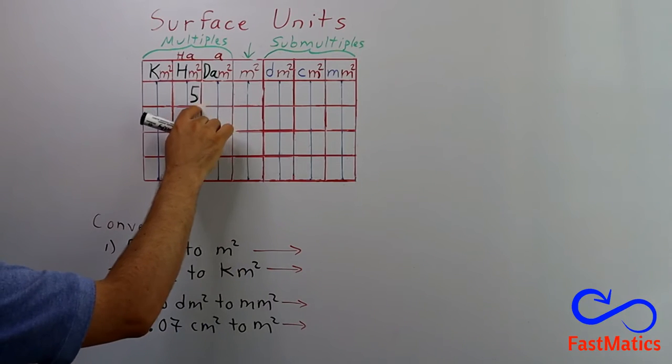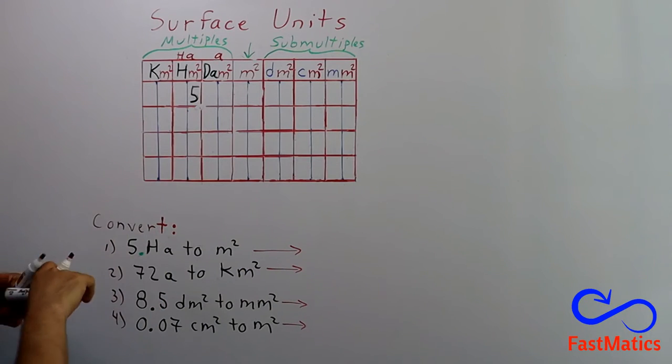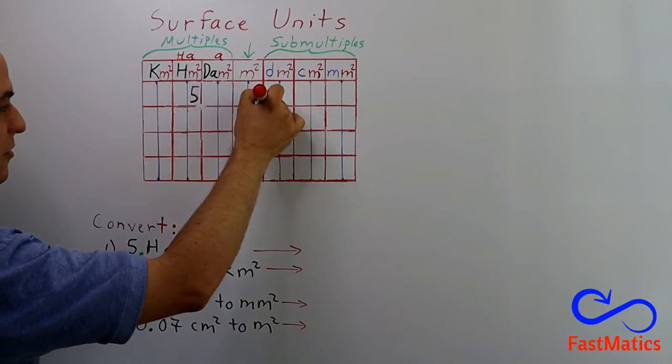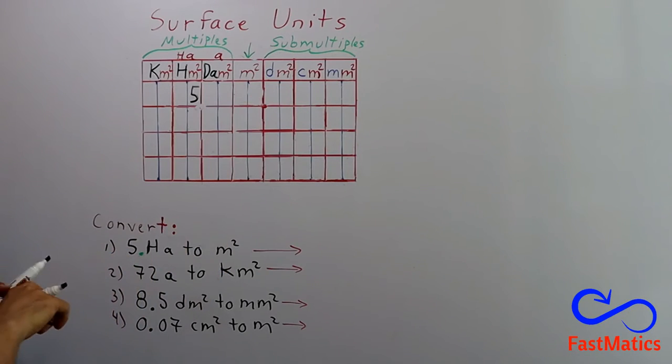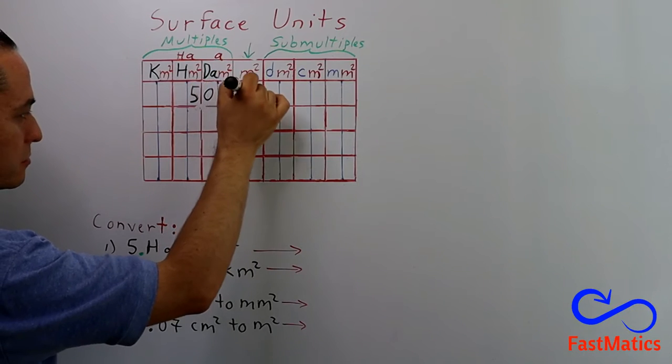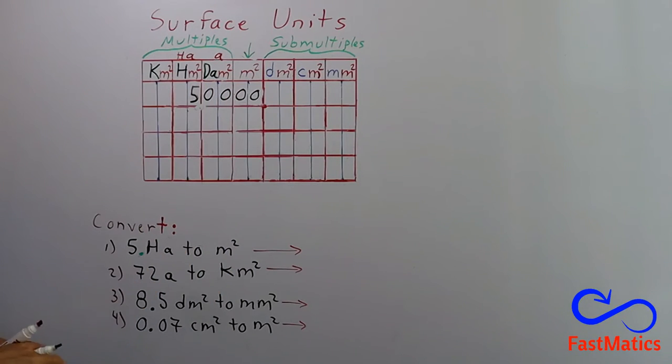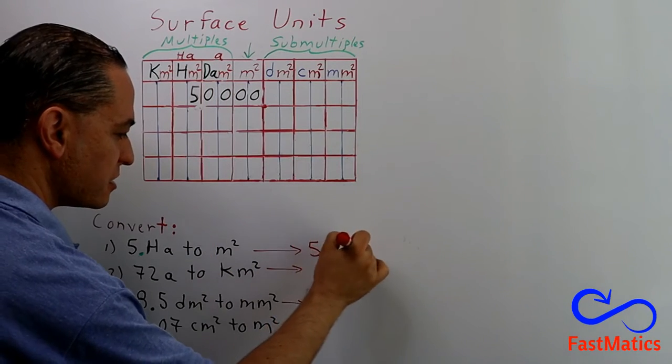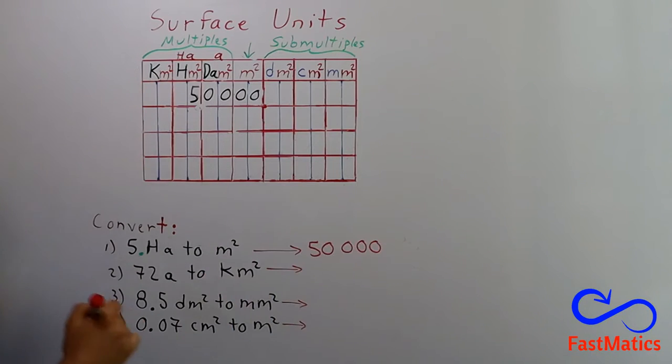So you erase the decimal point from there and you put it at the end of the abbreviation of meters squared. And you are only filling the blanks with zeros, and that's it. The answer is 50,000 meters squared.